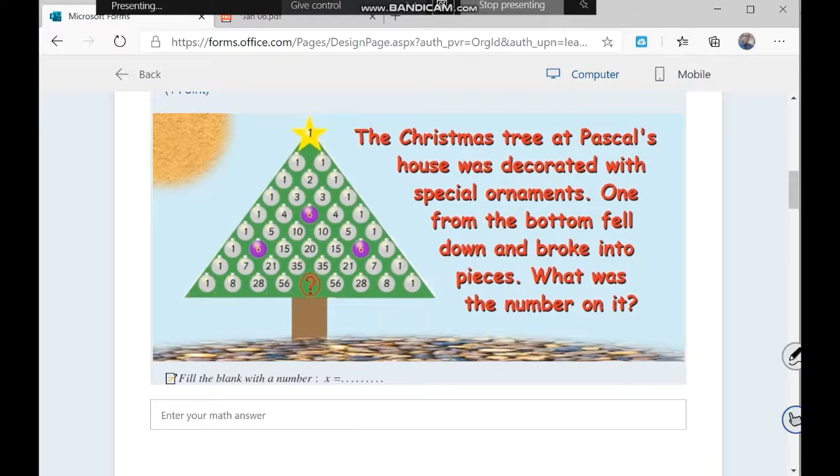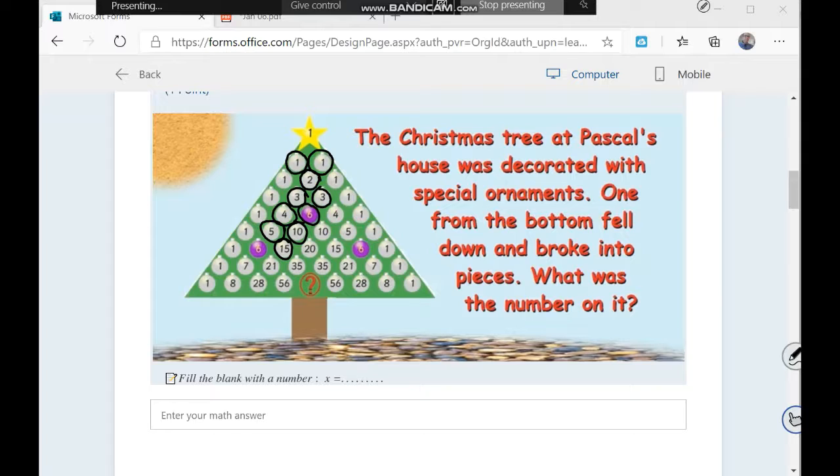We get the two numbers on the top, we add them up, and we find the number on the bottom. So 1 plus 1 is 2, 3 plus 3 is 6, 6 plus 4 is 10, 10 plus 5 is 15, and so on. And this tree actually has no end, it goes on and on forever.